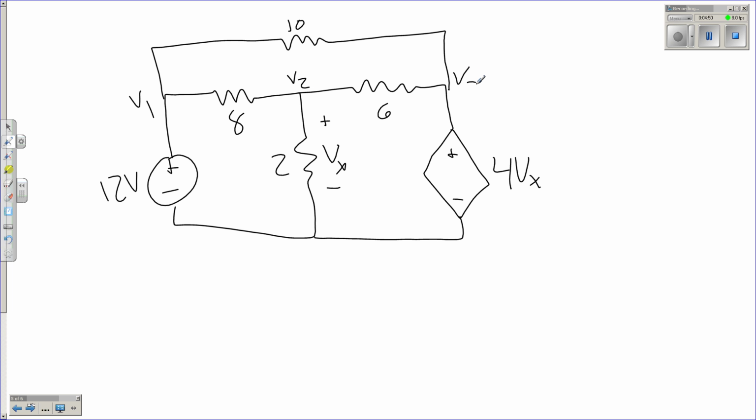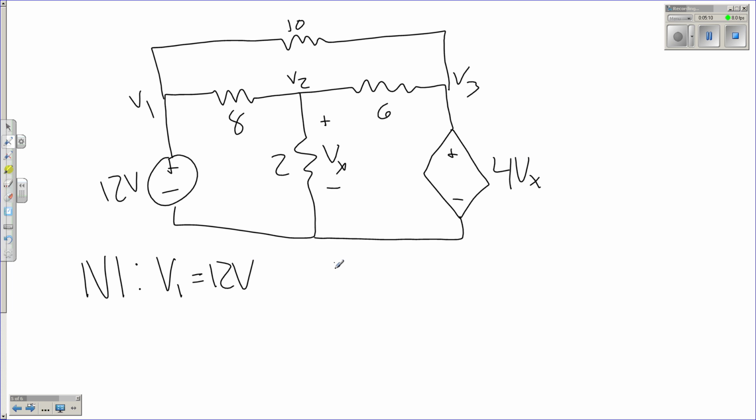Same nodes. In this case, however, is it going to be easier? Yeah, probably. So N1 is equal to 12 volts. Hopefully we've all got that one by now.